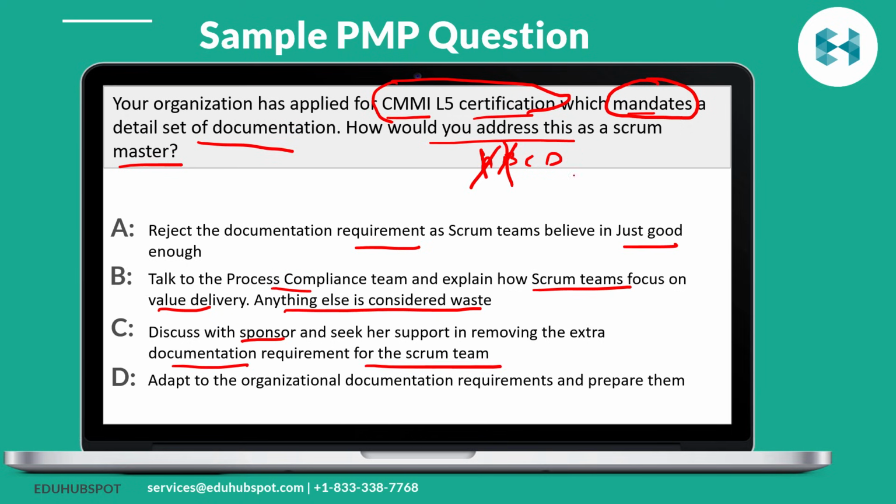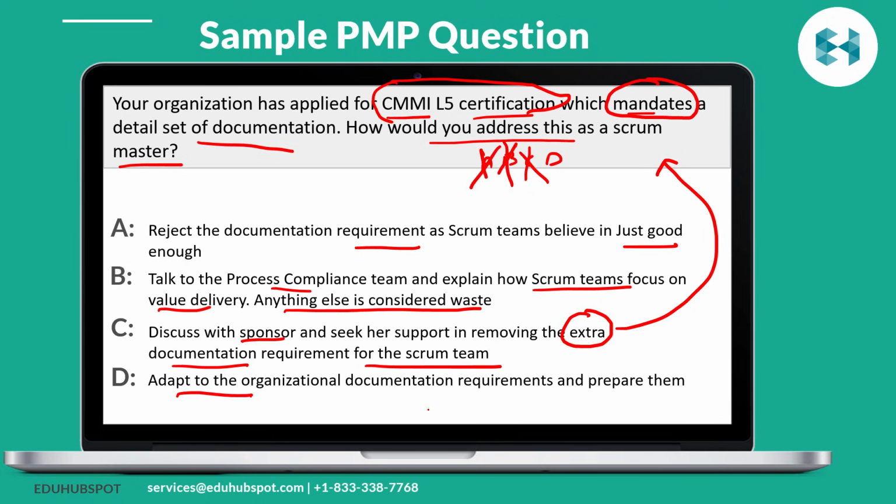Okay, where in the question did they say that they are talking about extra documentation? How did we come to a conclusion? Sometimes the way PMI will phrase the question, you will think that these are the correct statements. But did anywhere in the question there was the word extra or something which implies the word extra? No. So C is out as well.